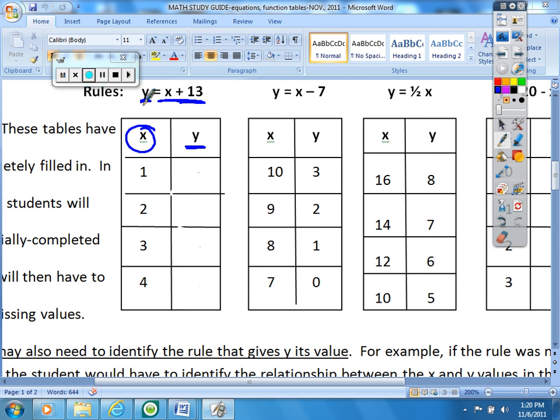So all you do is substitute these values back in your original statement, y equals x plus 13. Well, if x is 1, 1 plus 13 is 14. If x is 2, 2 plus 13 is 15. If it's 3, 16. If it's 4, 17. And I found my missing values.